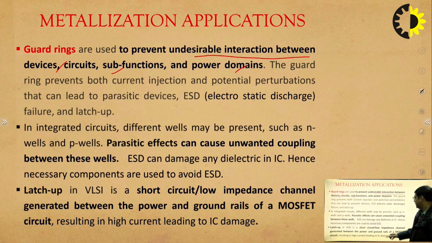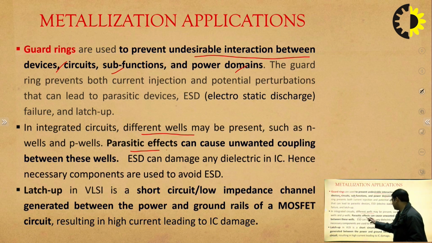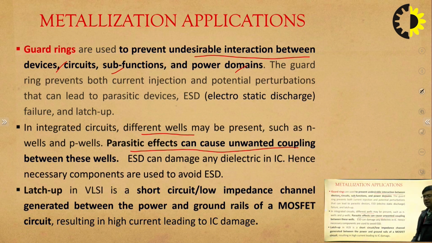Here we can see, because we have different wells in our ICs such as N well and P well, the parasitic effects that develop due to different wells can cause unwanted coupling.